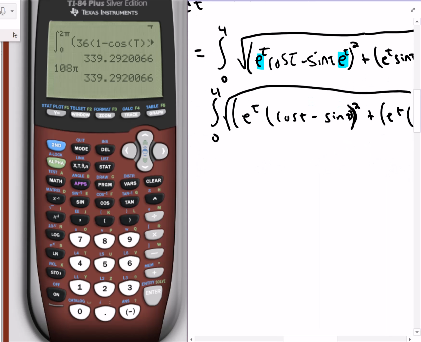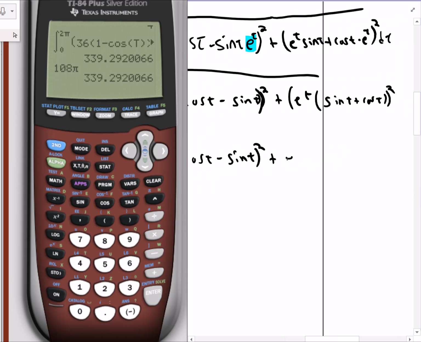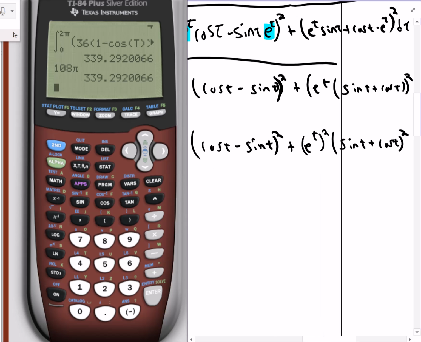And then basically this can turn into e to the t squared times (cosine t minus sine t) squared. Same idea over here, right? It's going to be e to the t squared times (sine t plus cosine t) squared.